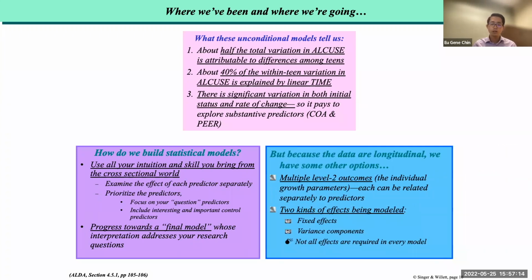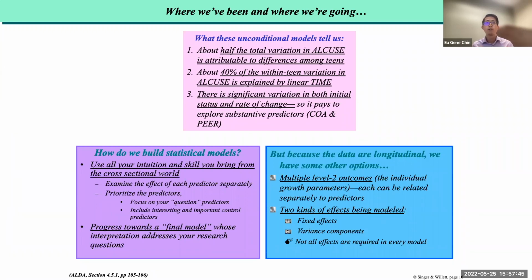Each of the level 2 outcomes, so we're talking about the individual growth parameters, can be related separately to different level 2 predictors, and the individual growth parameters themselves may also interact with other level 1 predictors. There are two kinds of effects that are being modeled in a multi-level model of change. We've got the fixed effects and we've got the variance components. So just remember that as you think about what goes into your multi-level model of change.